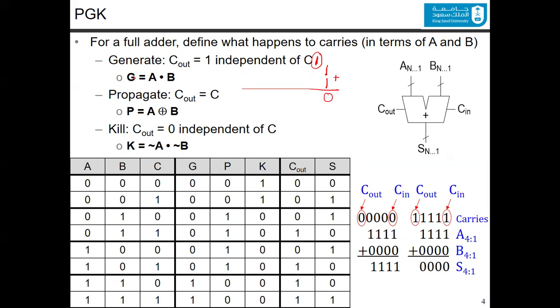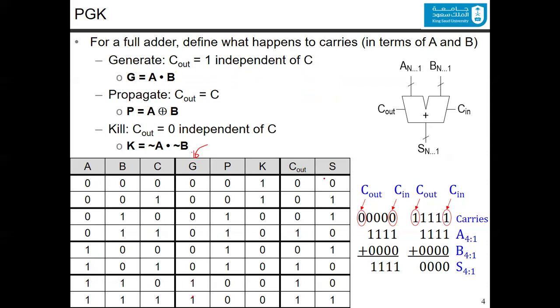So now the generation signal is A ANDed with B. Because if you have the other cases like 0, 0, the output is 0 and there is no carry. 0, 1, the output is 1, there is no carry. 1, 0, similar, the output is 1 and there is no carry. So it only generates if you have 1 and 1 in A and B, and this is basically the AND function. It's also shown in this truth table, where the generate signal only happens when you have A equal to 1 and B equal to 1. And here is the generation.